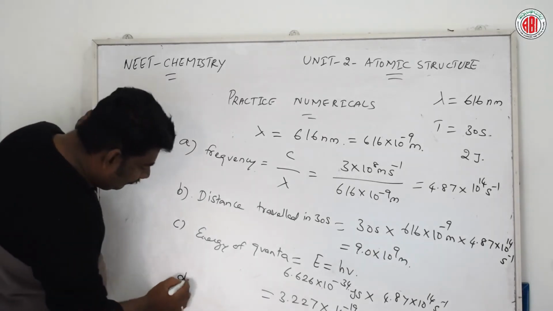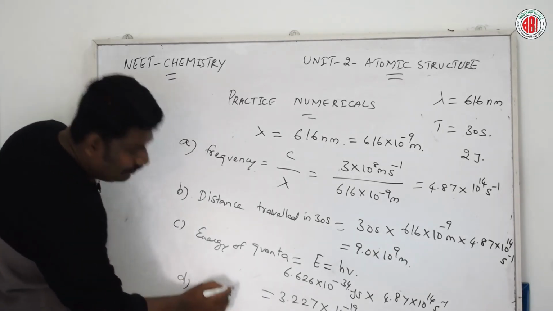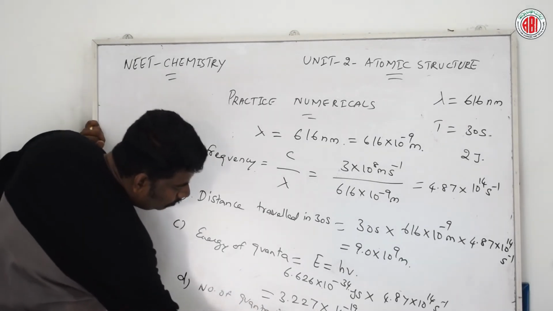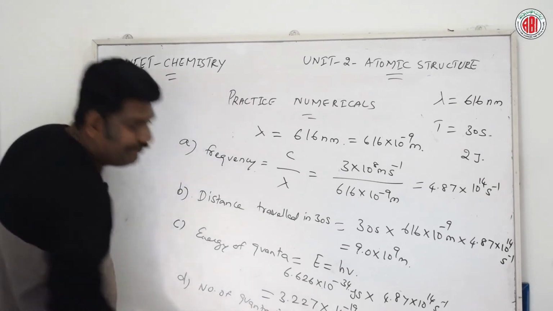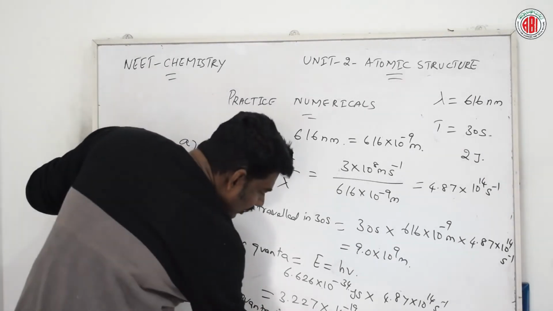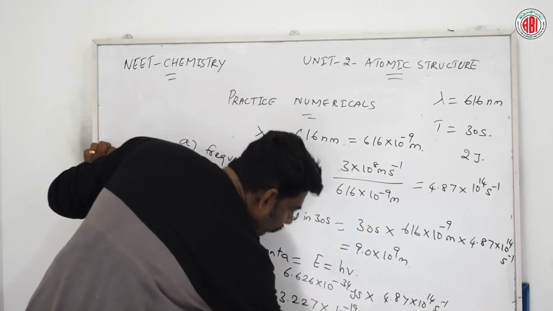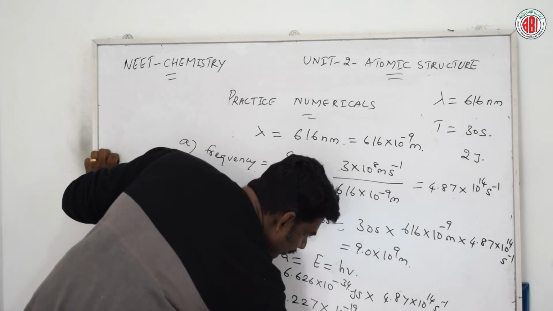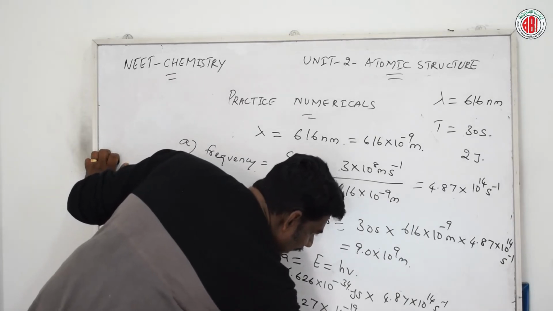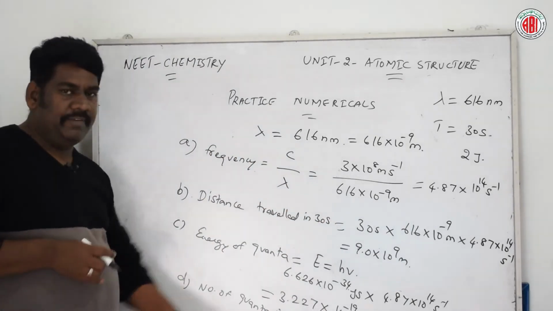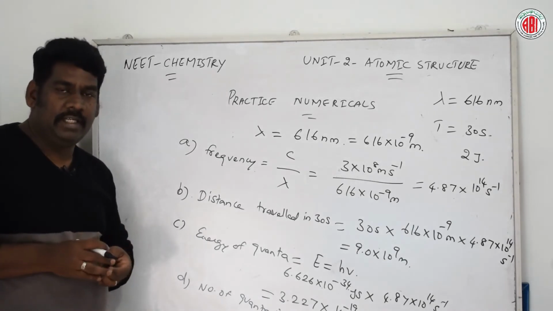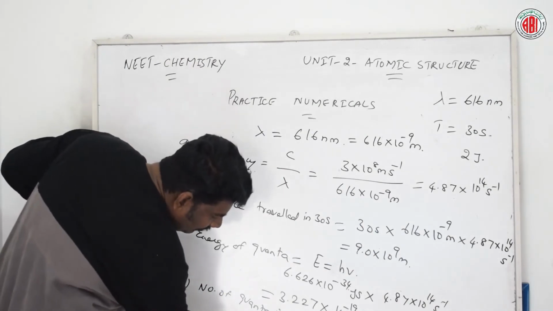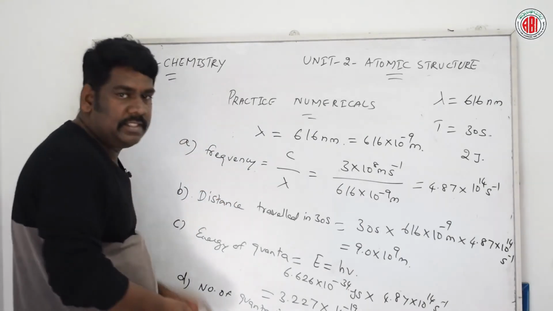That is nothing but number of quanta in 2 joule of energy, that is equal to 2 by 3.227 into 10 to the power of minus 19 joule. Simplifying that, we get number of photons produced in 2 joule of energy, yes, that is 6.2 into 10 to the power of 15 photons, number of photons.